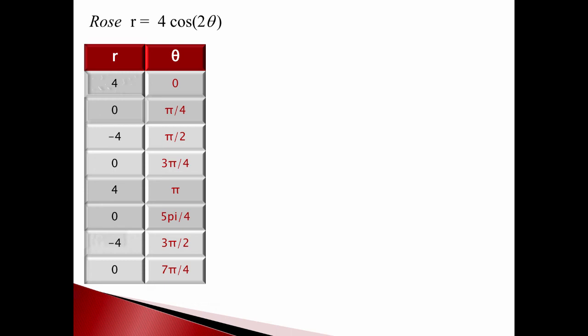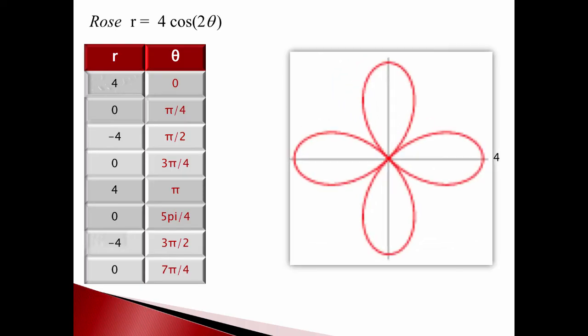Okay, so you see that we've had to use a much finer scale on our thetas, right? We've checked theta much more often than we did before because we're going to get lots of loopy-loopy things happening when we try this. So what we'll have over here is a graph like this. So let's trace this guy out and see what happens. So when theta is equal to 0, I go out to r at 4.